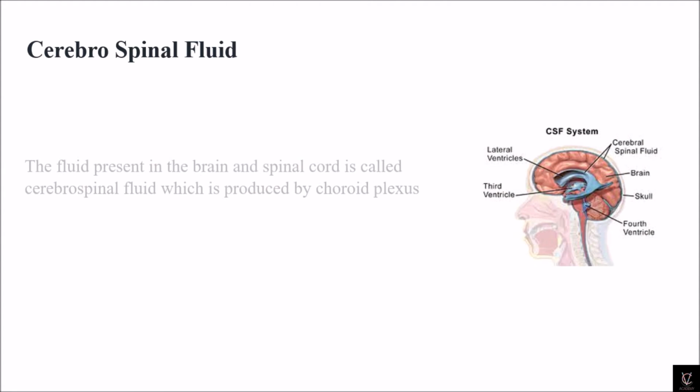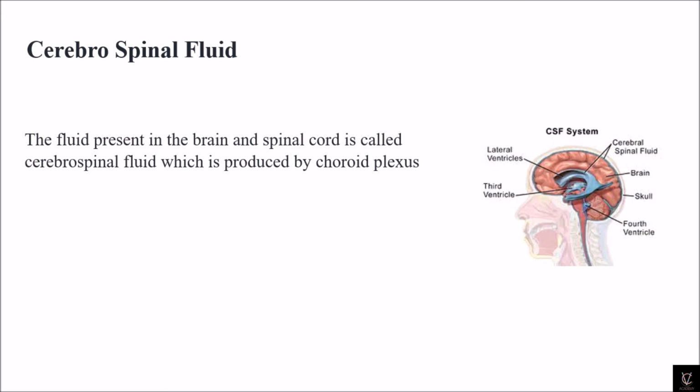Coming to cerebrospinal fluid, in short called CSF. The fluid present in the brain and spinal cord is called cerebrospinal fluid, which is produced by the choroid plexus.